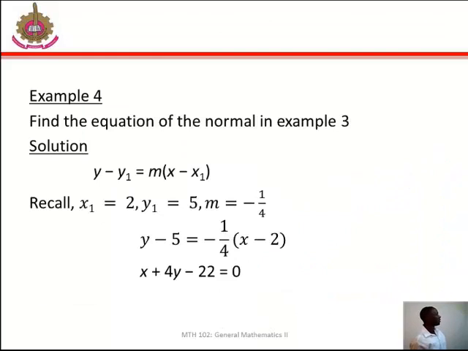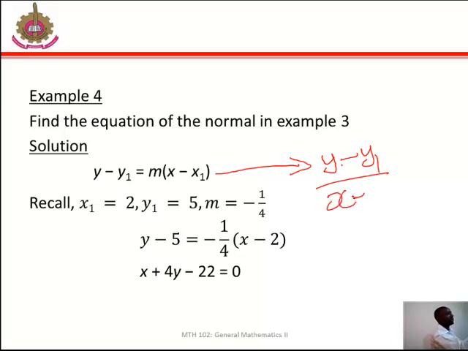Now, example 4 said find the equation of the normal in example 3. You know, the solution is as shown on your screen. What the solution is trying to do is that this particular expression can be gotten from our change in y, that is y minus y1, over change in x, x minus x1, which is going to be our gradient. From here, you are going to get this.